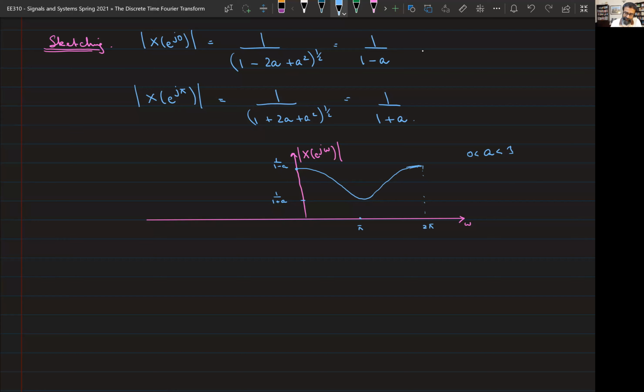And you can actually verify that this periodically extends. I mean, the function that you have is periodic, and the similar thing is going to go on both sides. Now, this is for the case when a is positive. What about the case when a is negative? What happens there?